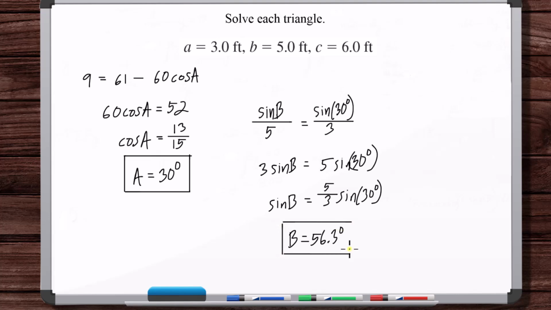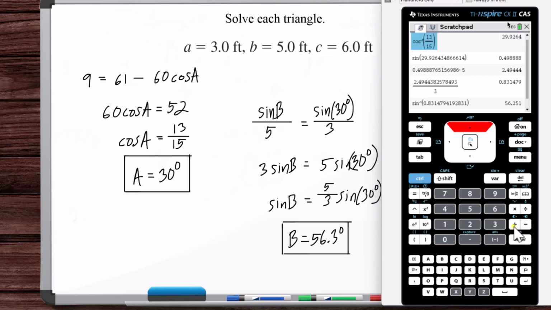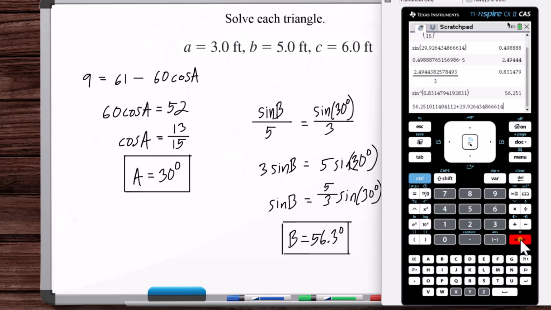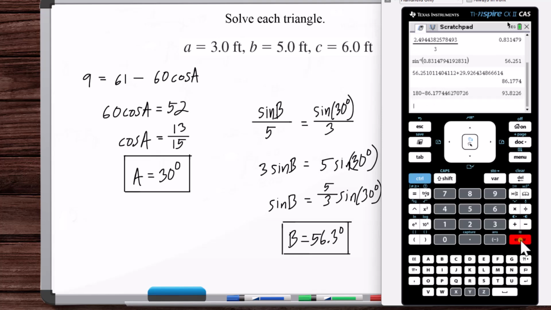Okay, so now angle C is this plus this, and then 180 minus that, so 93.8 degrees.